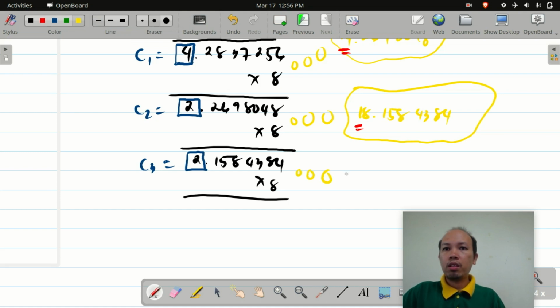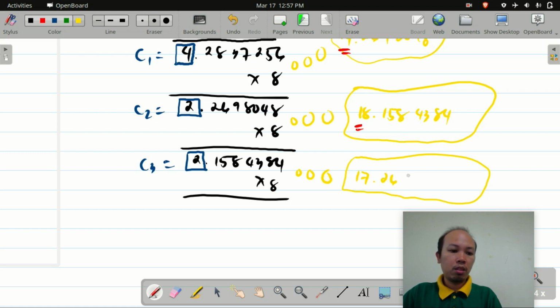So maybe you can extend it up to 10 multiplications, so you will have a good estimate. 2675072.